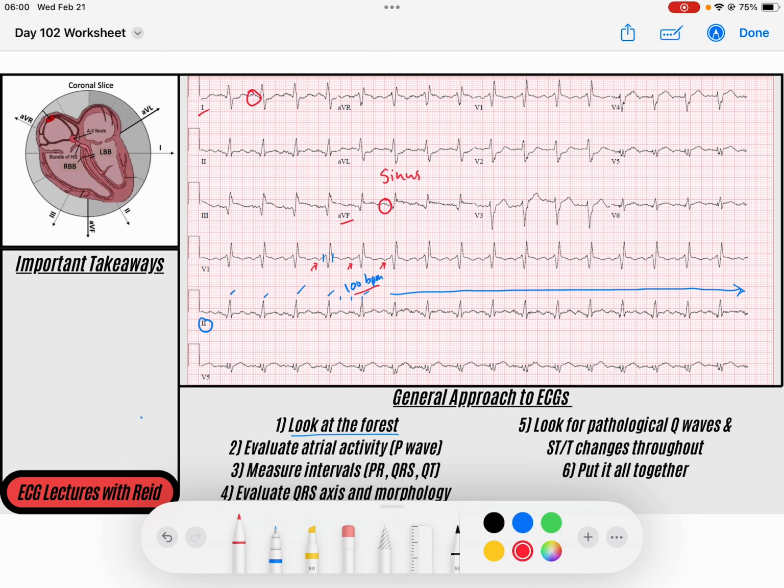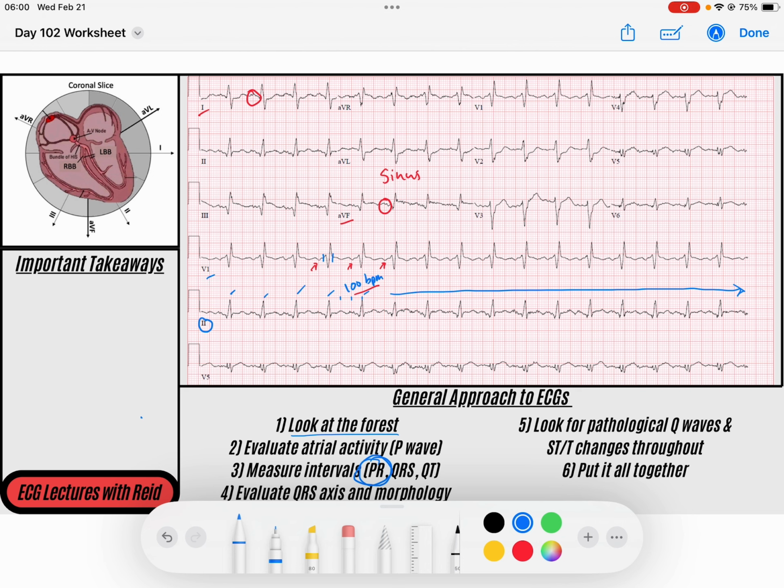Right. Next thing in my conduction system is my PR interval. Remember, my PR interval is representing my AV node function as that P is getting conducted to the QRS complex. So I find a lead that's got a nice sharp P wave, and I think V1 is probably my best bet.